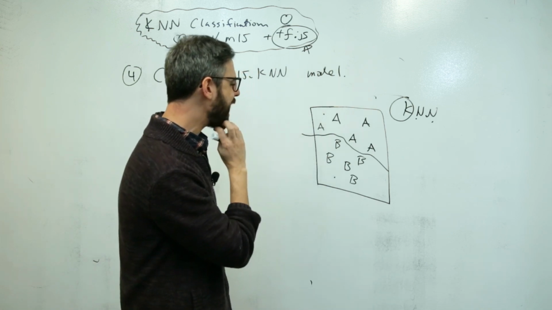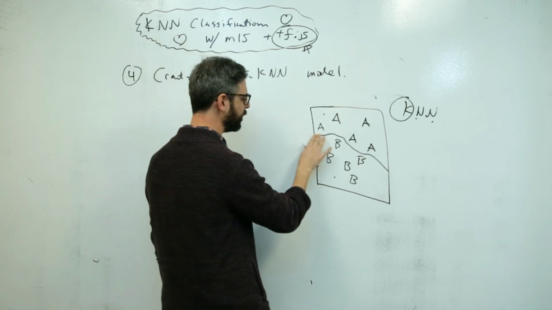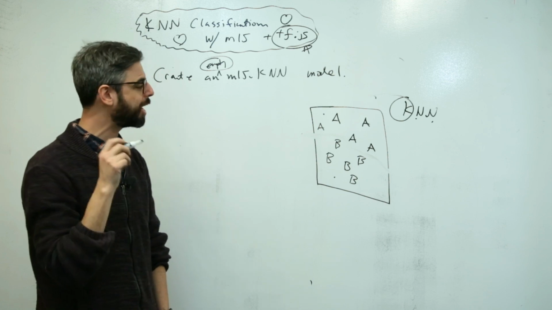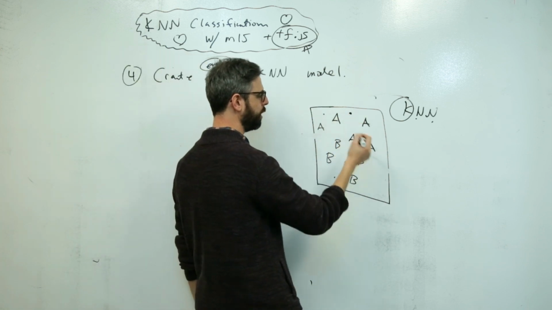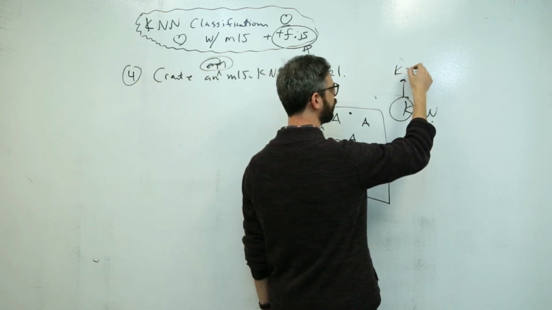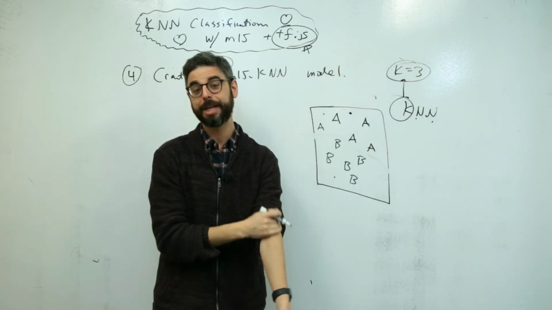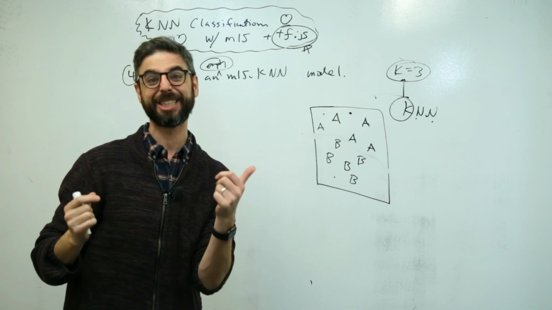So the way that the decision boundary is computed, let's take it out for a second, is that if I look at any given point, like this one, let's say I have a K of 3, and typically you would want a K that's an odd number, because it's basically like a voting system.